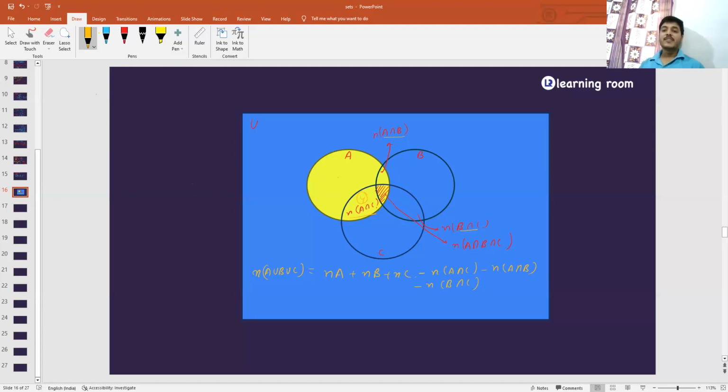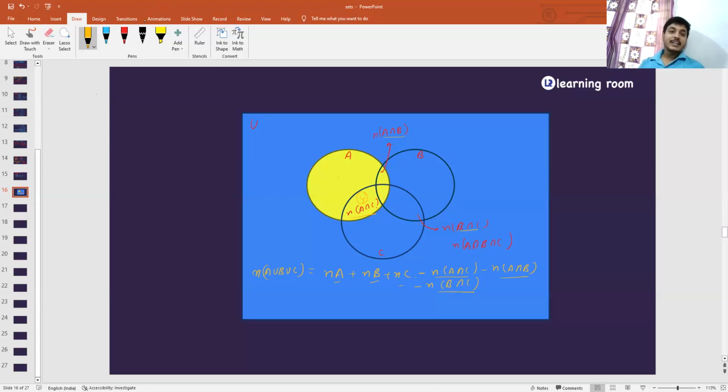Okay, see here. What is happening? While subtracting A intersection C, A intersection B, B intersection C, you subtracted this common portion thrice. 3 times you subtracted it. And this got added 3 times in n(A), n(B), and n(C). For example, I'll give you a rough example.